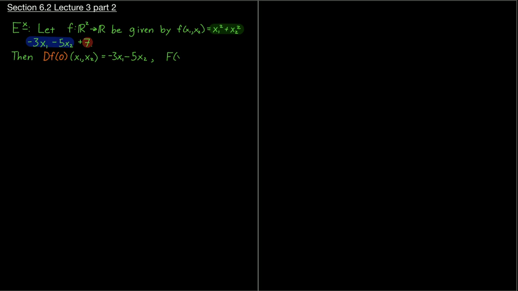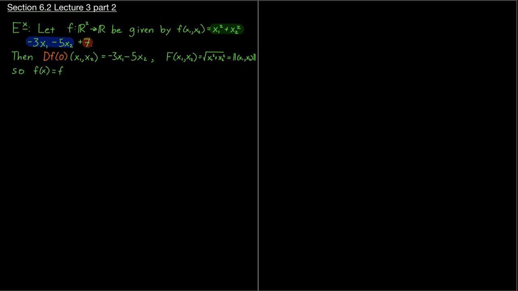Our big F of x1, x2 is going to be the norm of x, square root of x1 squared plus x2 squared. And it should be clear how that fits into our paradigm as before.